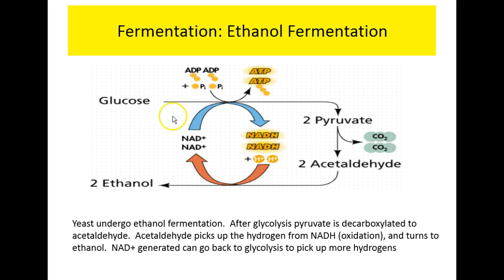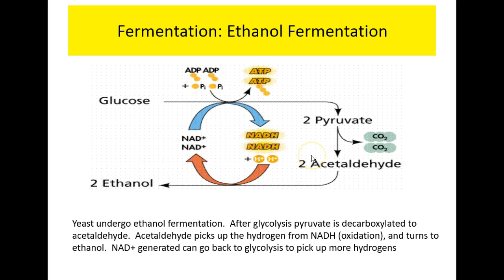Ethanol fermentation is another form of fermentation. In this case, the molecule that oxidizes NADH is not pyruvate, but rather a derivative of pyruvate, acetaldehyde. Acetaldehyde will oxidize NADH and it will be converted to ethanol.